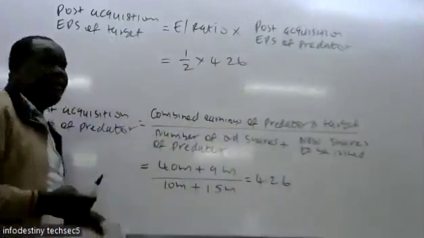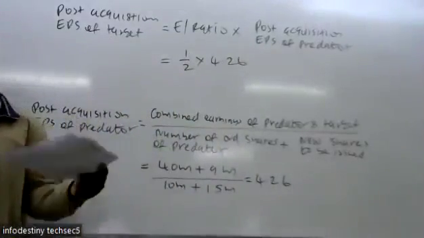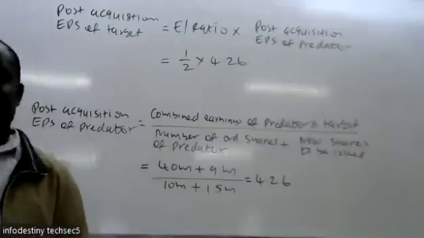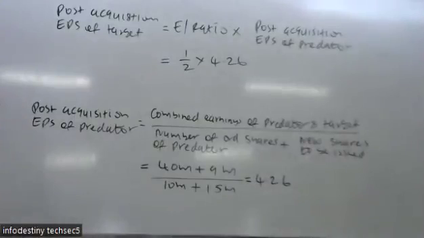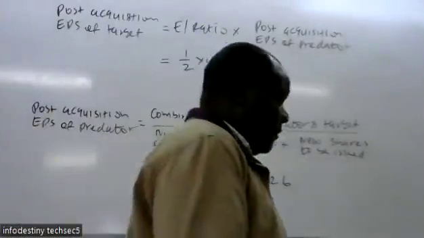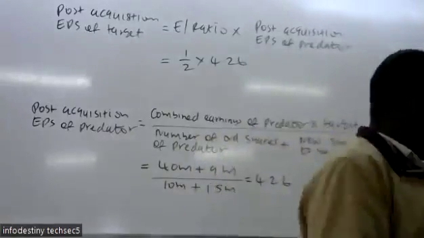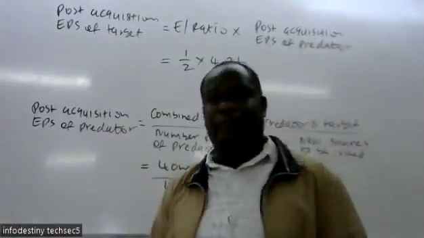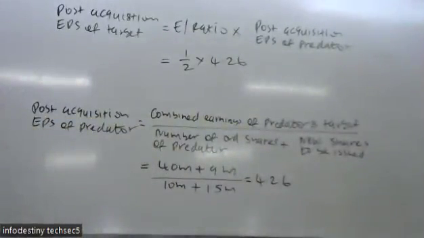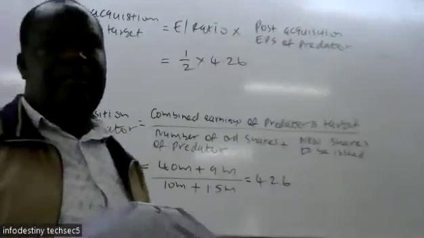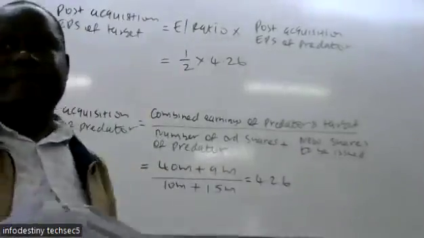Anything for the target, you simply take the exchange ratio multiplied by the one for the predator.